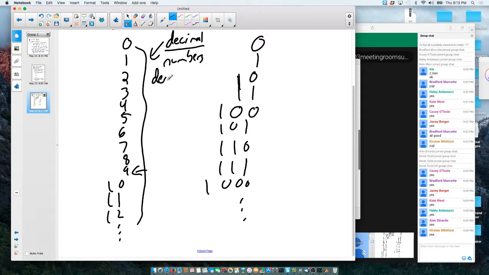Decimal means 10. And we have 10 different possible values for every single position in a number, right? These are called binary numbers because binary means 2, and there's only 2 possible values in every single spot.